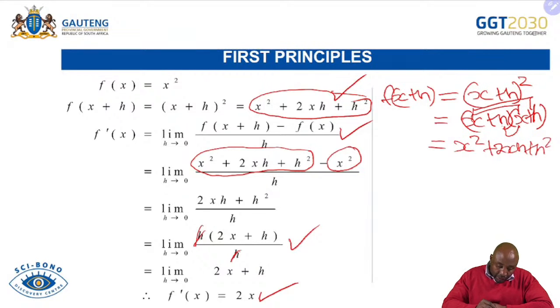And then you'll get a mark for simplification, and you will have 1, 2, 3, 4, 5 marks for finding the first derivative from first principles. In this case, you will realize that if f of x is x squared, our first derivative becomes 2x.